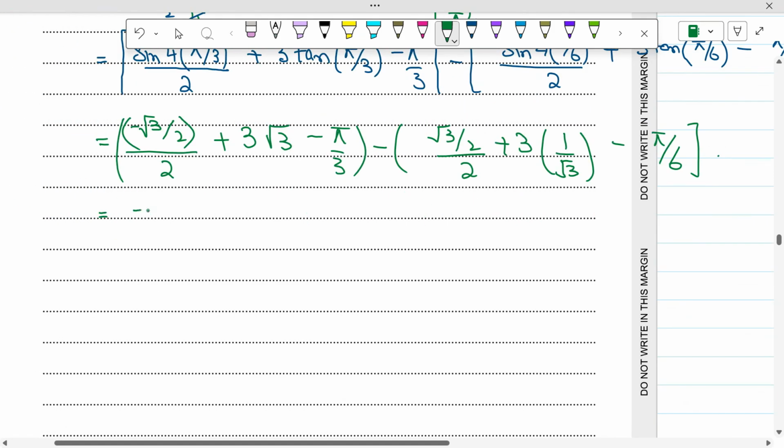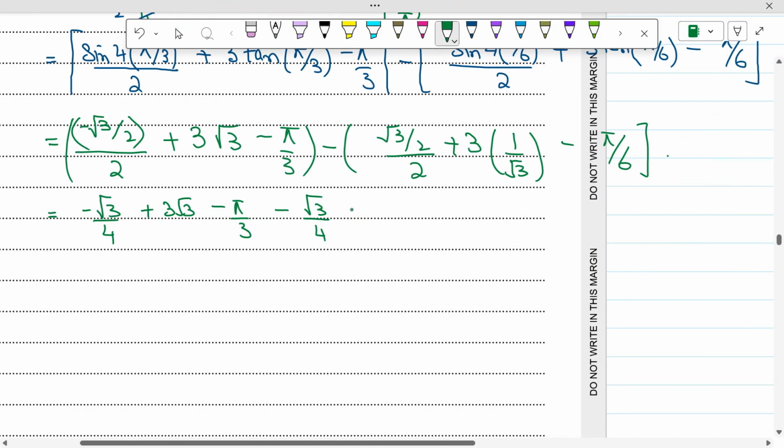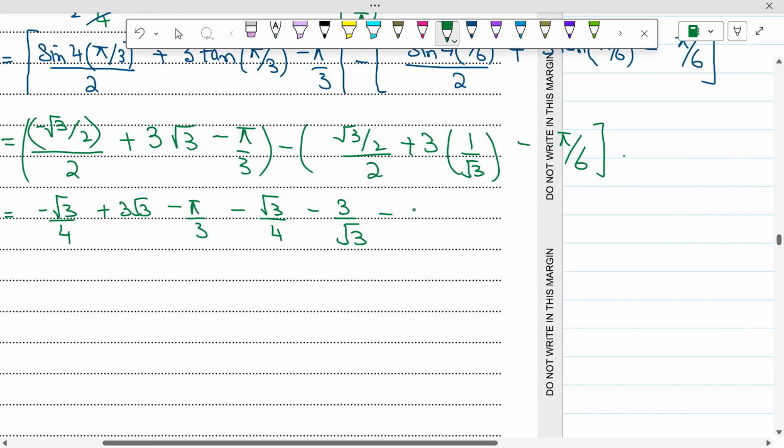So this is equal to negative under root 3 over 4 plus 3 under root 3 minus pi by 3, minus under root 3 over 4, minus 3 over under root 3, and minus pi by 6 becomes positive pi by 6.